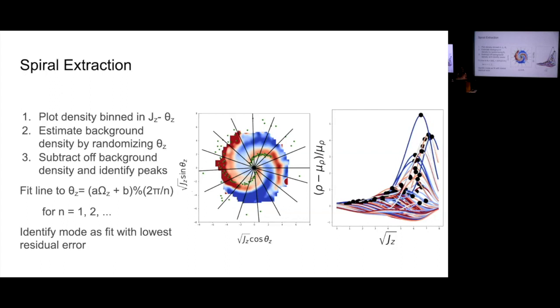Subtract that off, and identify the remaining overdensity peaks. From that, you can get your theta z's, your omega z's, and then fit your line, both for an offset of 2 pi and for an offset of pi. Then we identified the dominant mode as the fit with the lowest residual error.